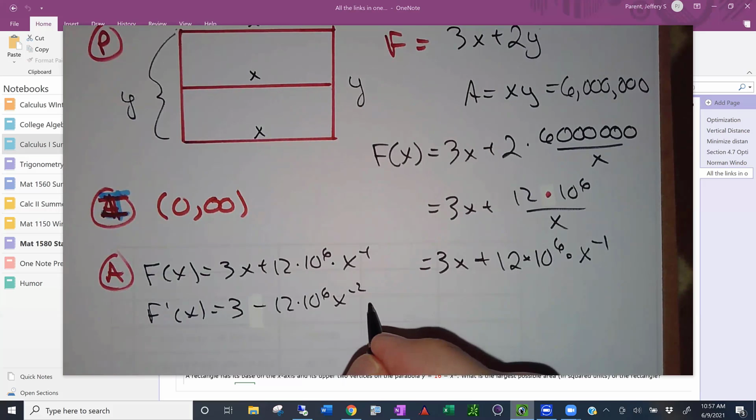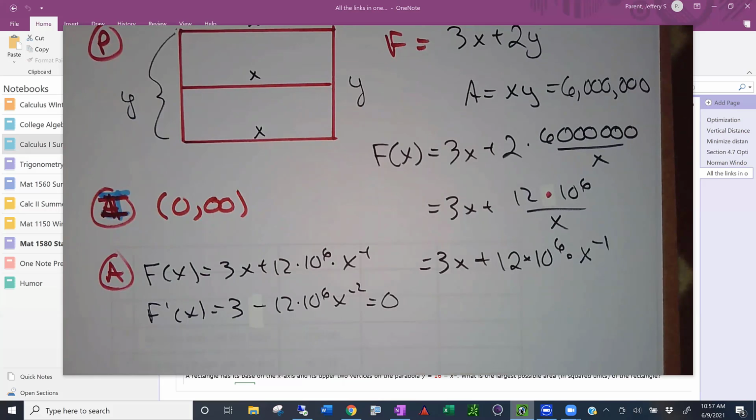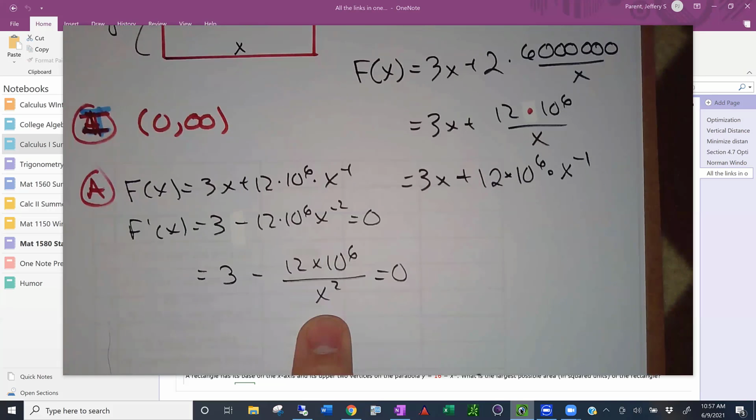We're going to set this equal to 0. It might be worth remembering that this is really an x squared in the denominator. Personally, I'd move this to the other side and get 3 equals 12 times 10 to the 6 over x squared.